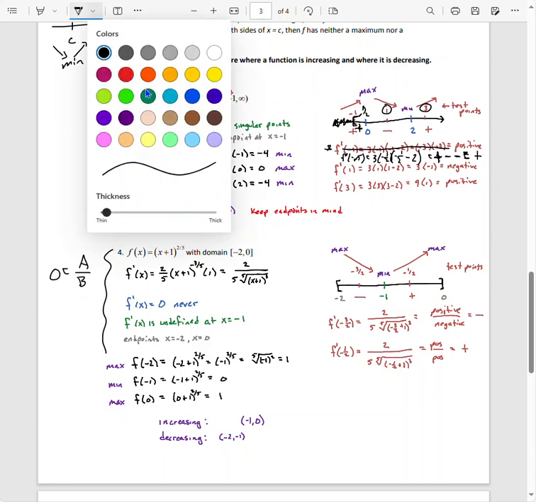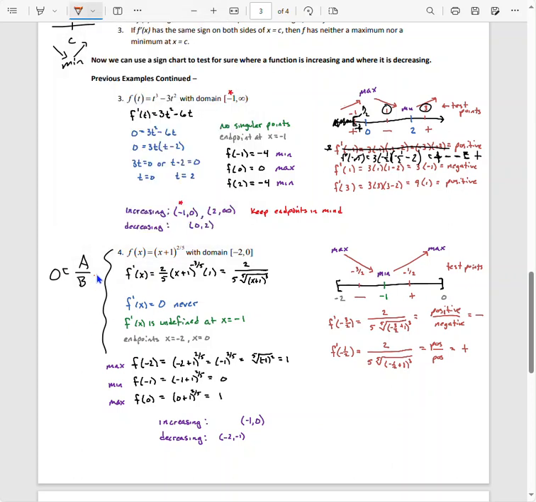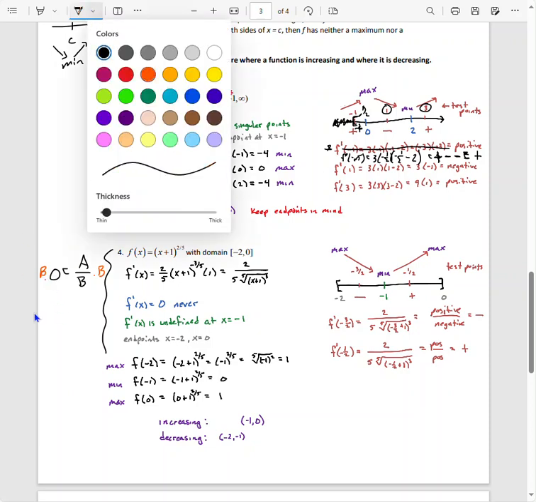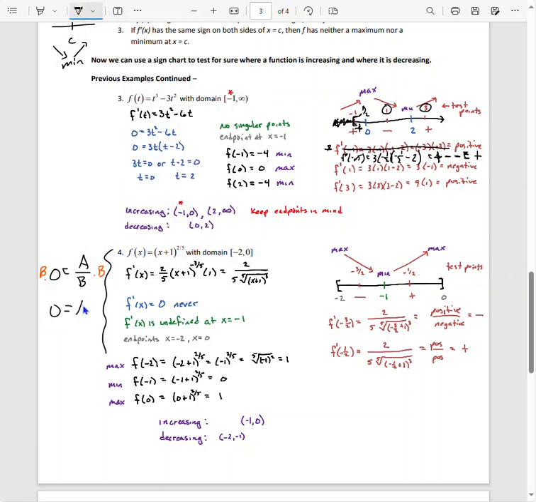The first thing you're going to do is multiply both sides by b. And so you end up with 0 equals a. If you want to know when a fraction or a rational expression is equal to 0, it turns out you really only have to find when the numerator is 0.